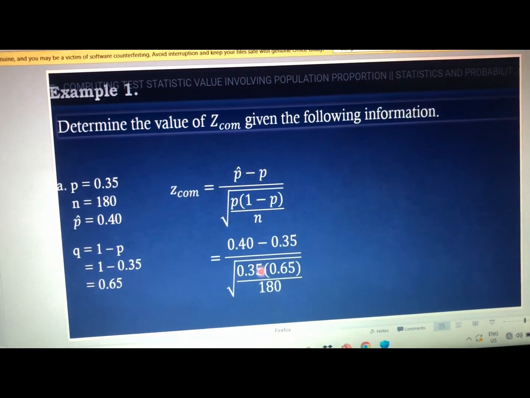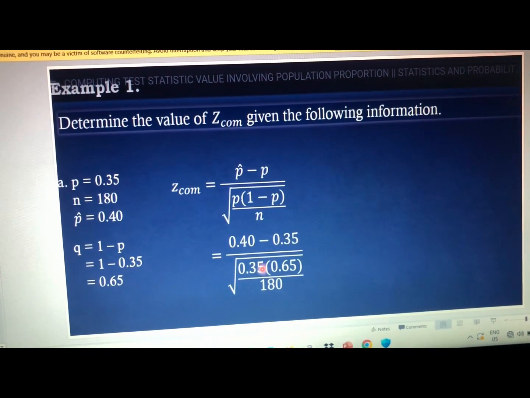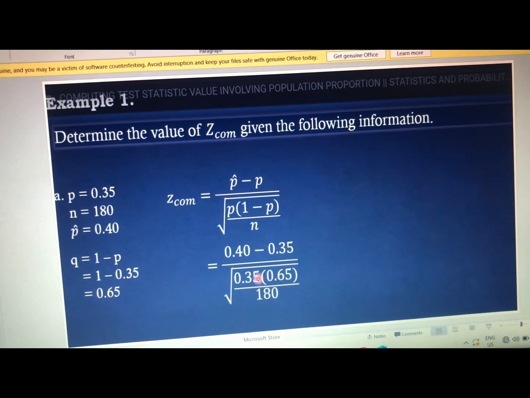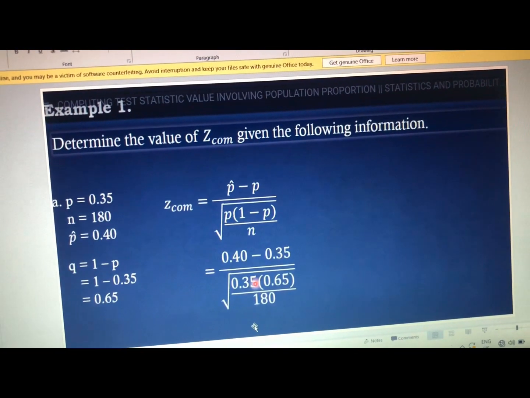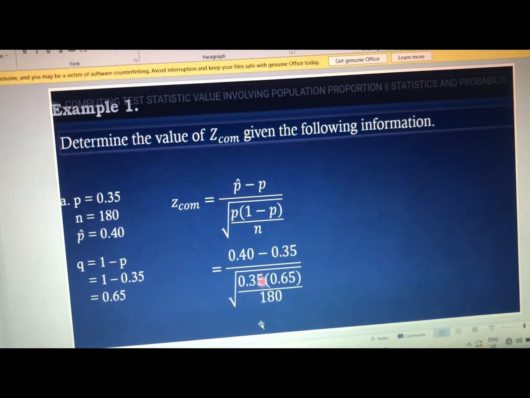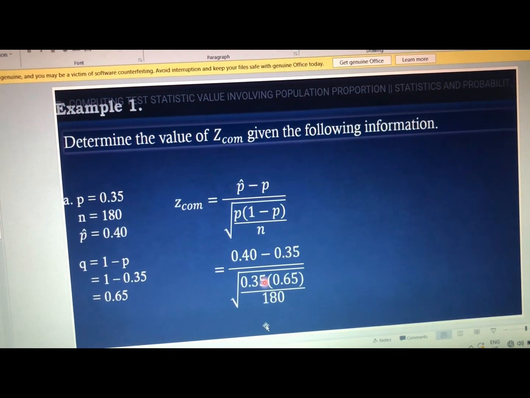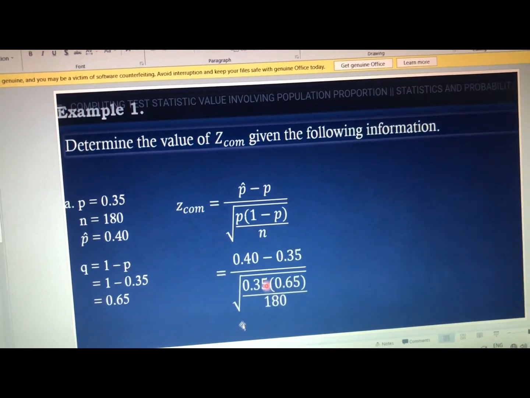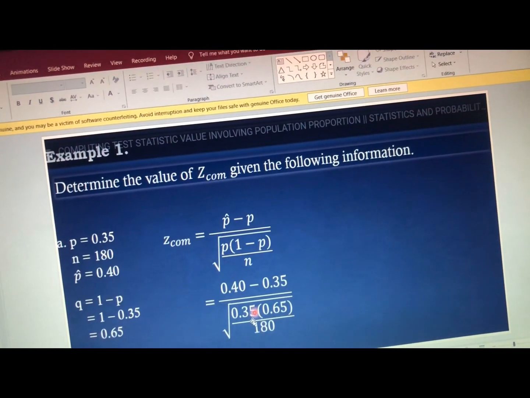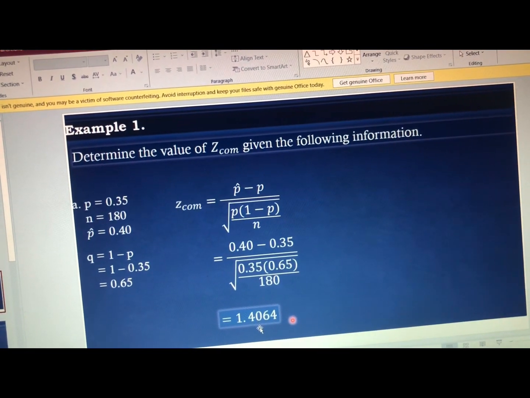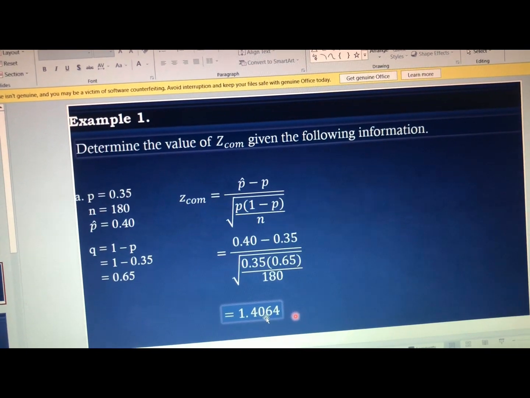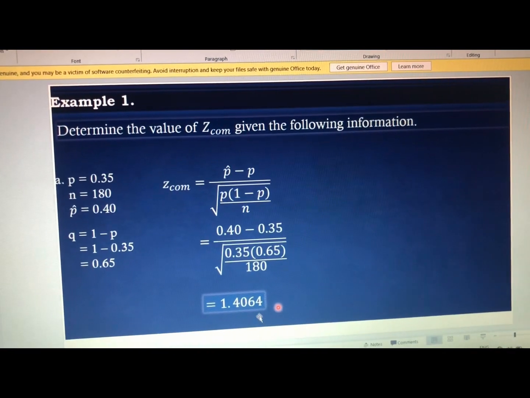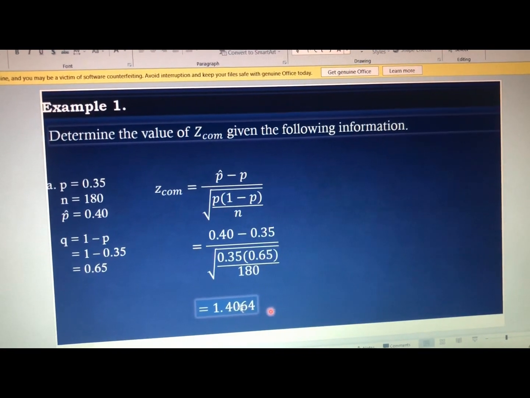Kasi, kapag nag-round off tayo, halimbawa, kukunin nyo muna itong denominator, nag-round off tayo. Although maliit lang naman yung layo niya kapag dinirect natin sa calculator, so mas maigi na gumamit tayo ng calculator. So that is 1.4064. So the z computed value is 1.4064. This one is the answer.